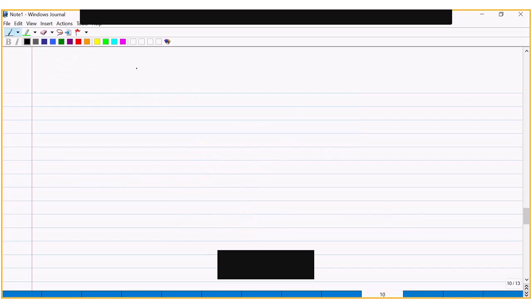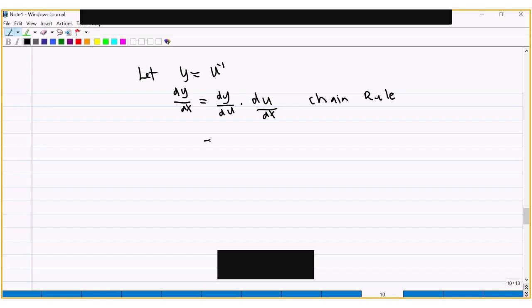So, let y equal u power minus 1. How do you find dy/dx now? dy/dx is equal to dy/du times du/dx. This is called the chain rule. But what is y?